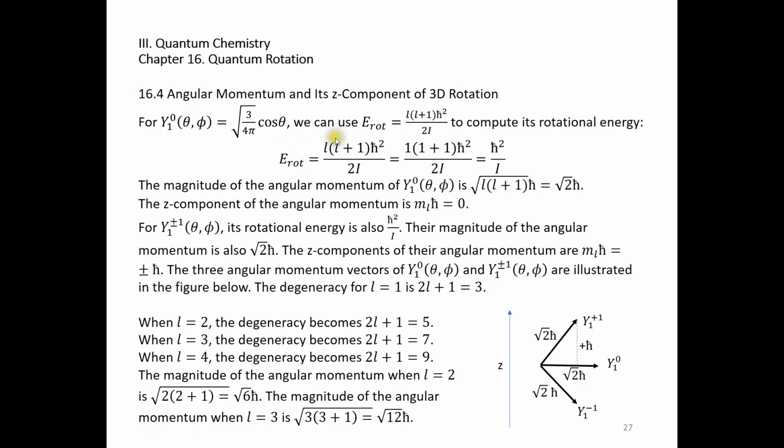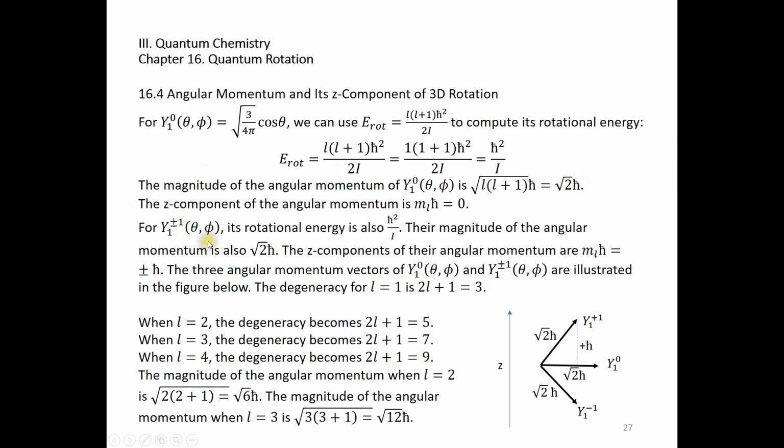The angular momentum squared over 2I is the rotational energy. So what about the z component? Well, the z component is simply m sub L h bar. In this case, m sub L is 0, so the z component is 0. And this square root of 2 times h bar comes from the x direction and y direction.